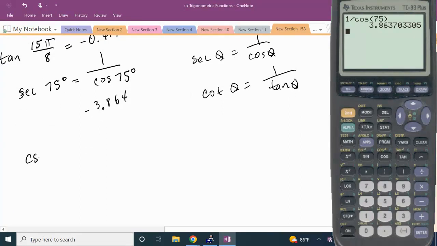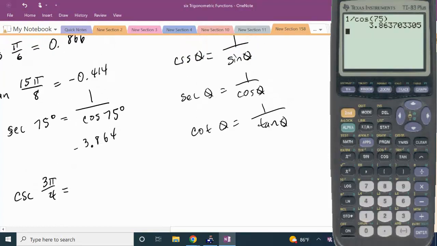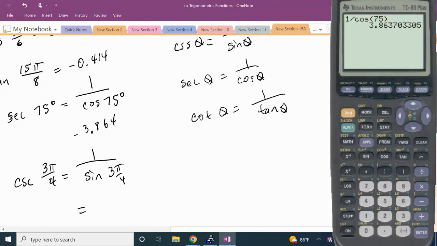Next, I'll evaluate the cosecant of 3 pi over 4. Again, I'm going to use the reciprocal formula, and I'm going to put into the calculator 1 divided by the sine of 3 pi over 4. I want to check the mode on my calculator.